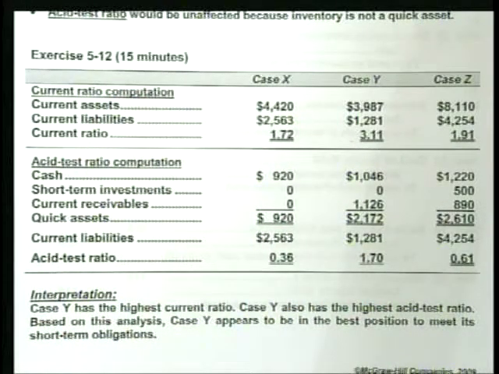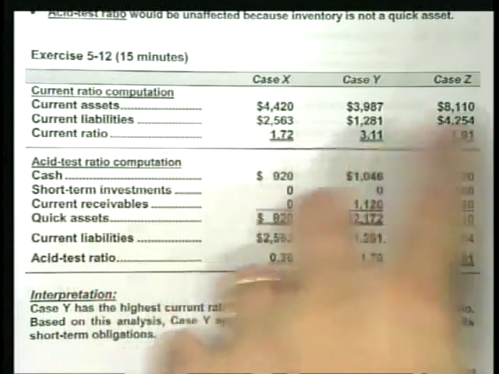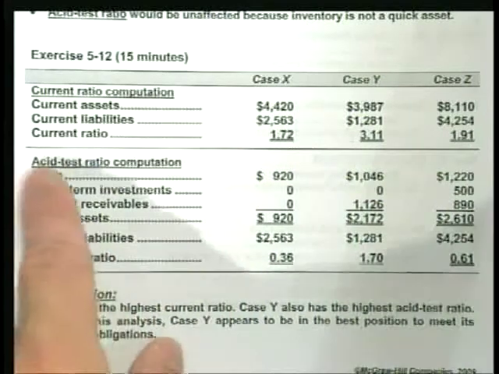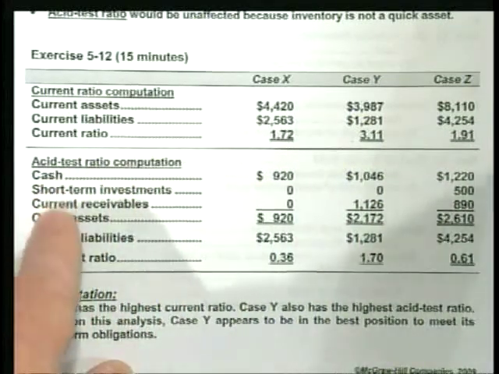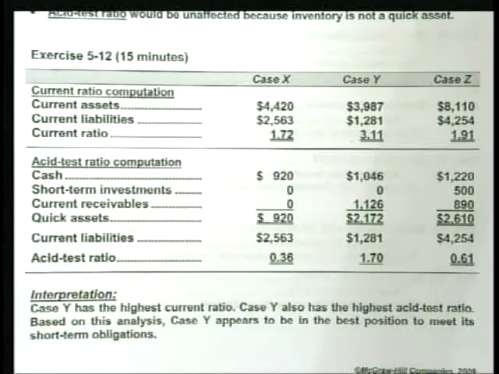So we count all of the current assets in that numerator, and we get these current ratios. Here we use the acid test ratio, so we only count these items right here in the numerator. We call those sometimes the quick assets, maybe because they can quickly be converted into cash. Thus, our current liabilities are still these amounts. And then our acid test ratio is on this row right here. Okay?